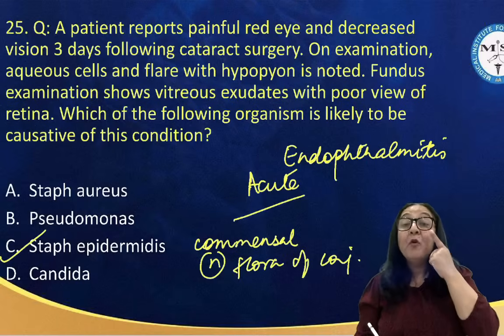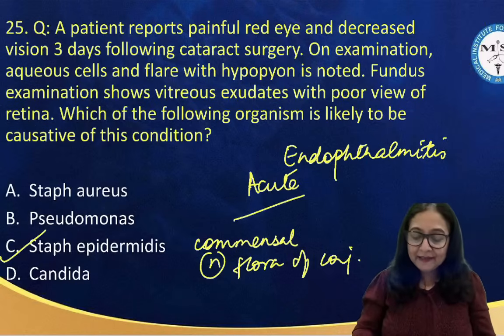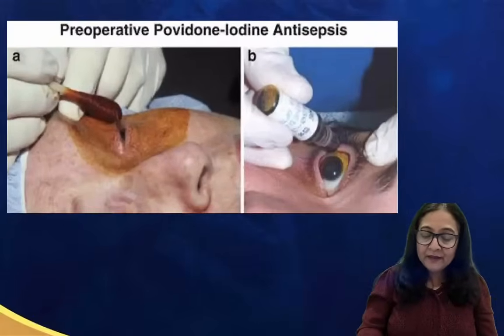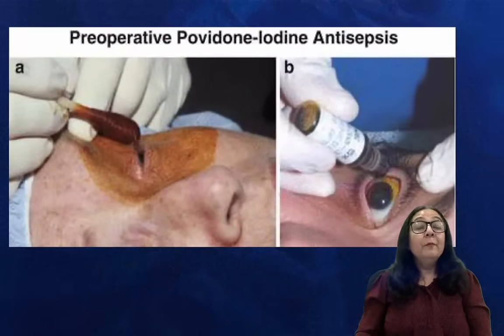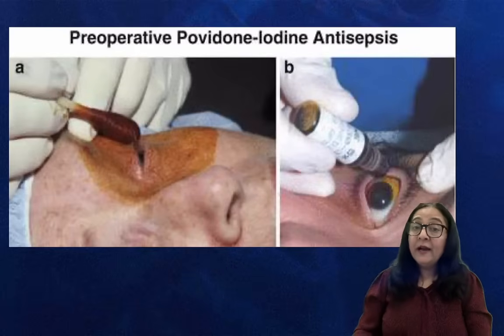So the most important prophylactic measure to prevent endophthalmitis after the surgery is pre-operative povidone iodine antisepsis.